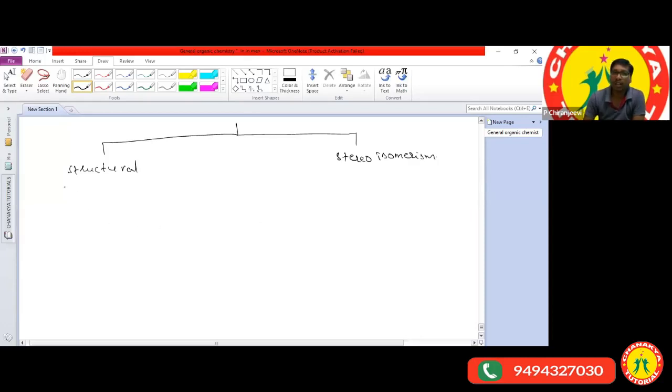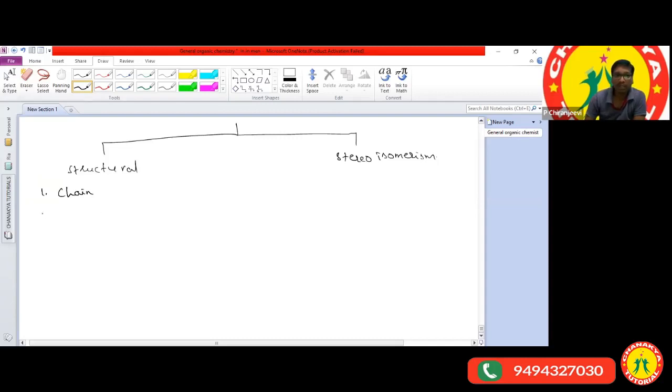Again, structural isomerism is classified into different types. What are the different types of structural isomerism? One is chain isomerism.